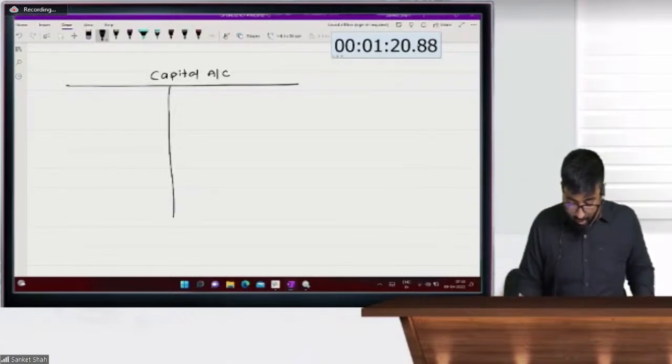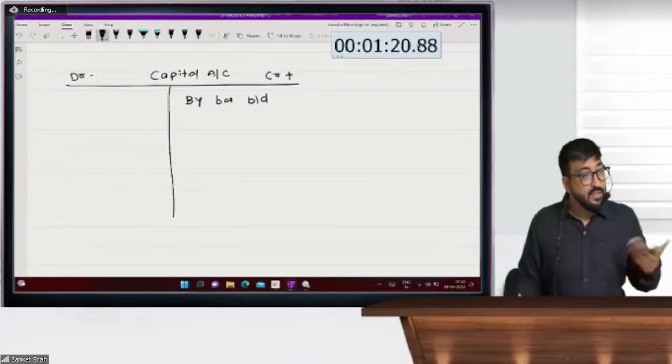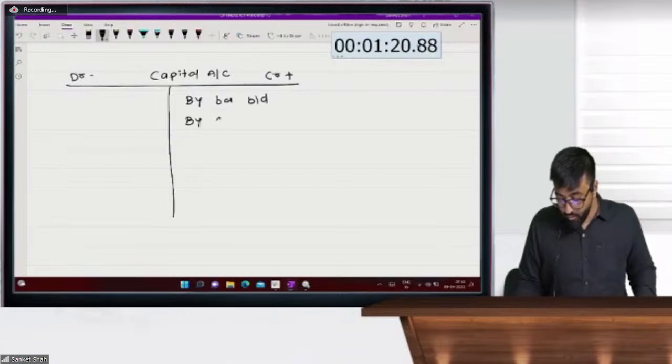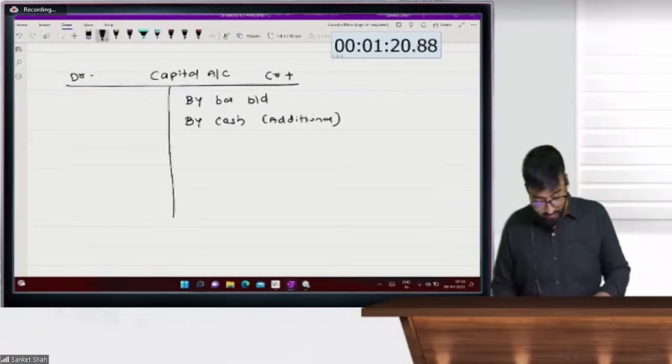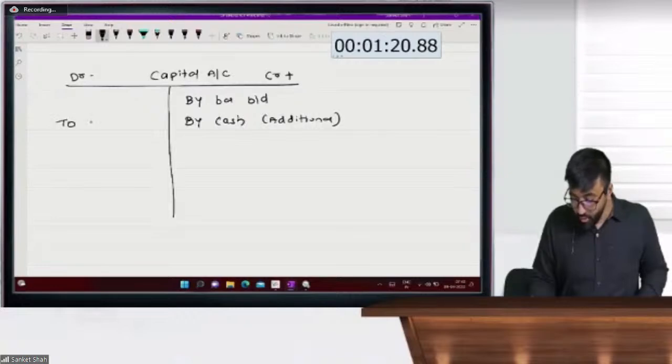Buy balance brought down. Credit plus, debit minus. Capital is increasing when you bring additional capital by cash to bank or cash.